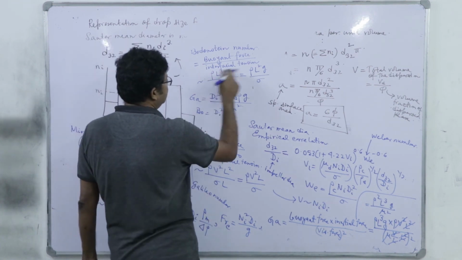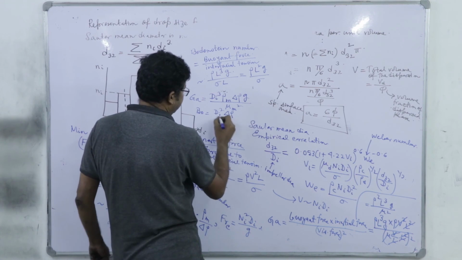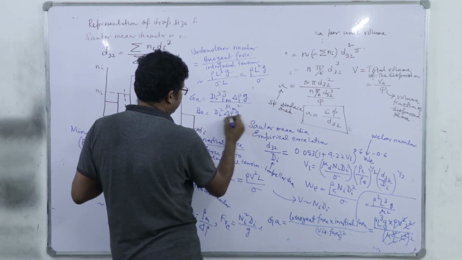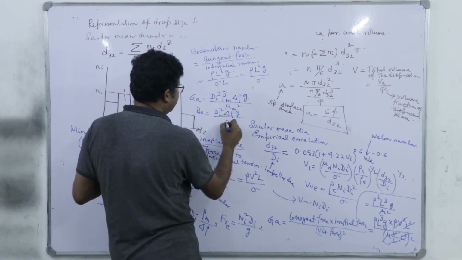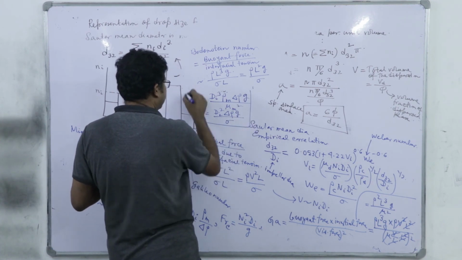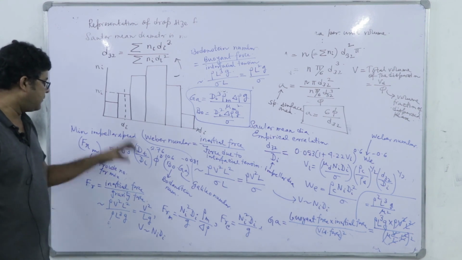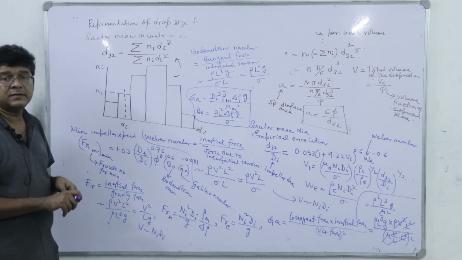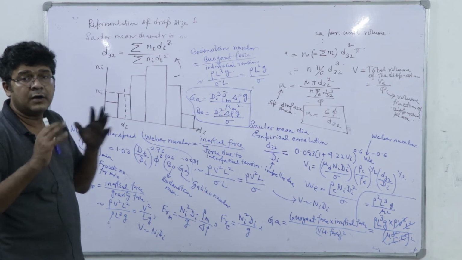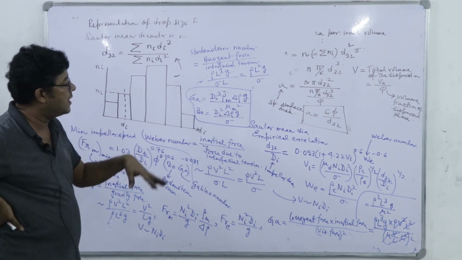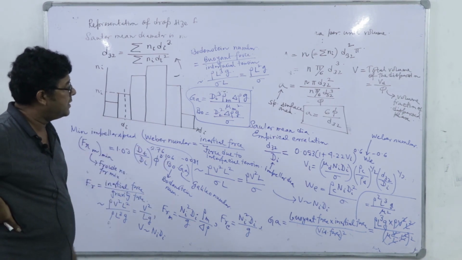So, that is why this rho should be replaced by delta rho. So, di square into delta rho into G divided by sigma. So, these are Bond and Galileo number for the present case, and from there we get this minimum impeller speed.